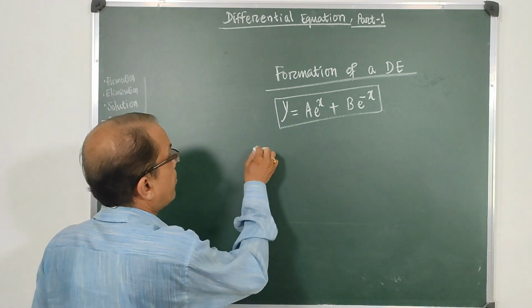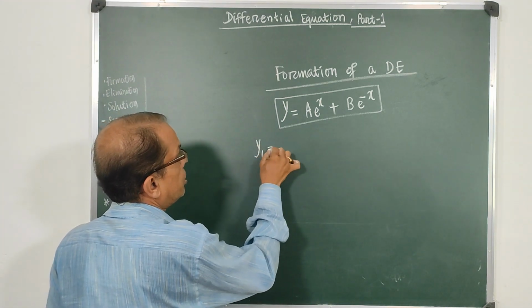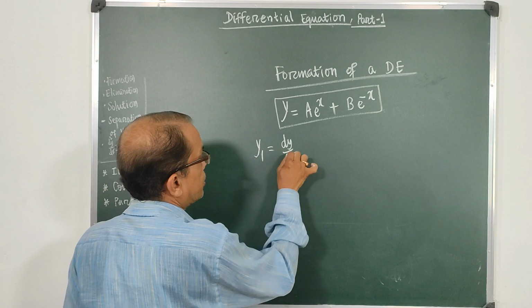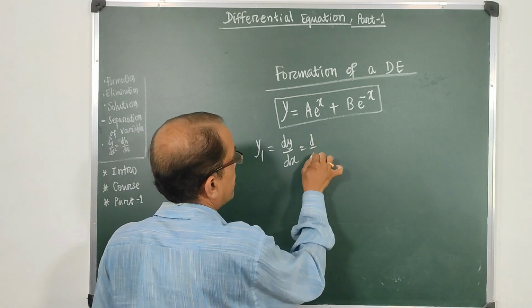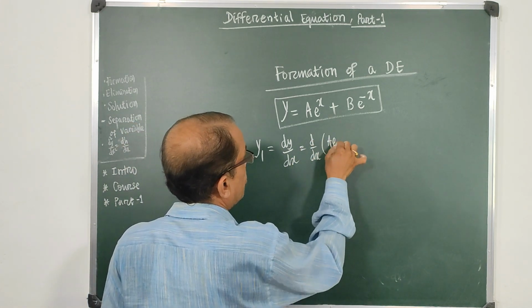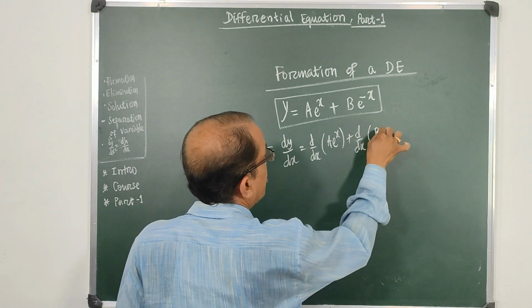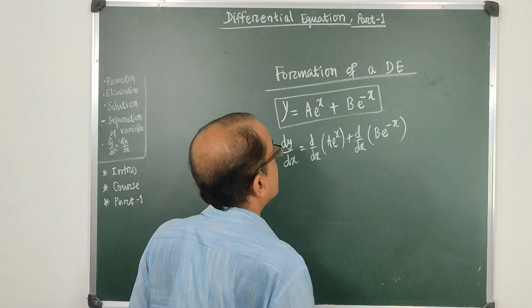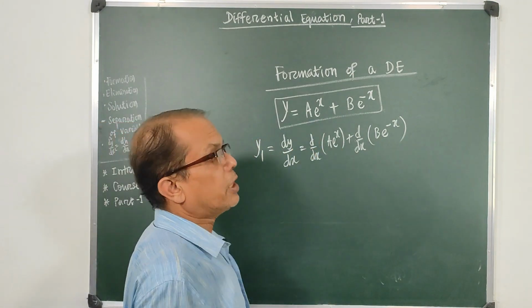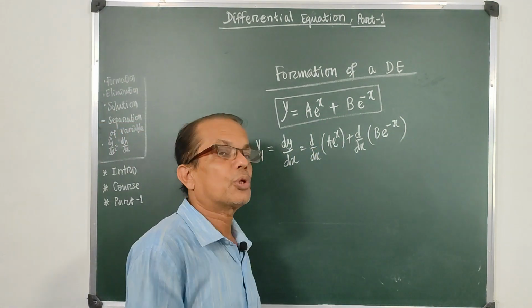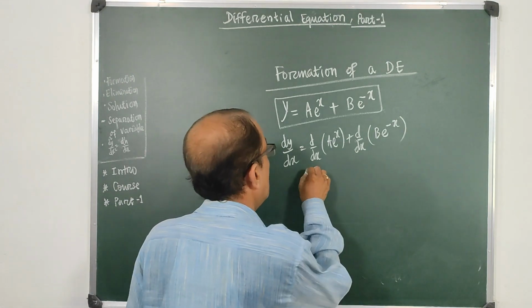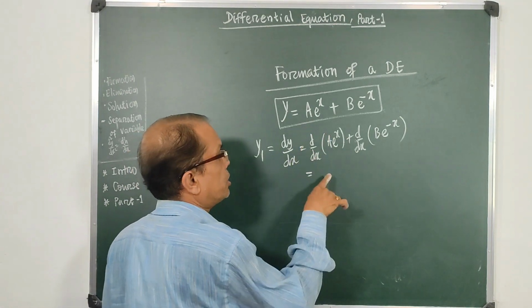Let us first find the first derivative, which is dy upon dx, meaning d by dx of a e to the power x plus d by dx of b e to the power minus x. By the time you reach differential equations, you must be thorough about differentiation, and you should directly write the differentials here.